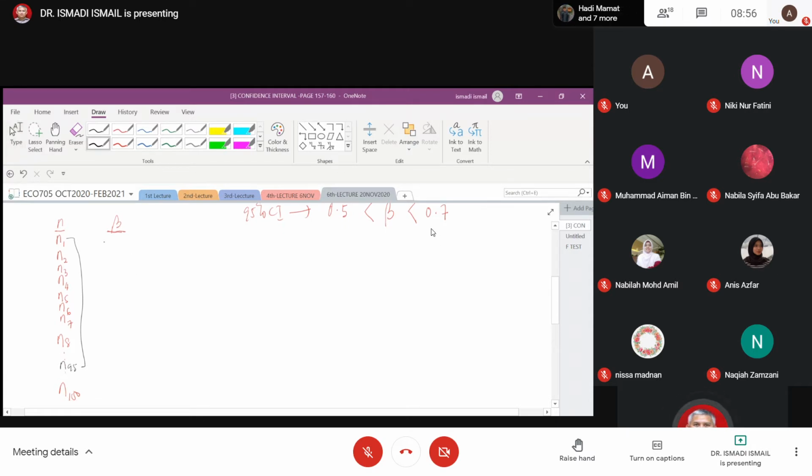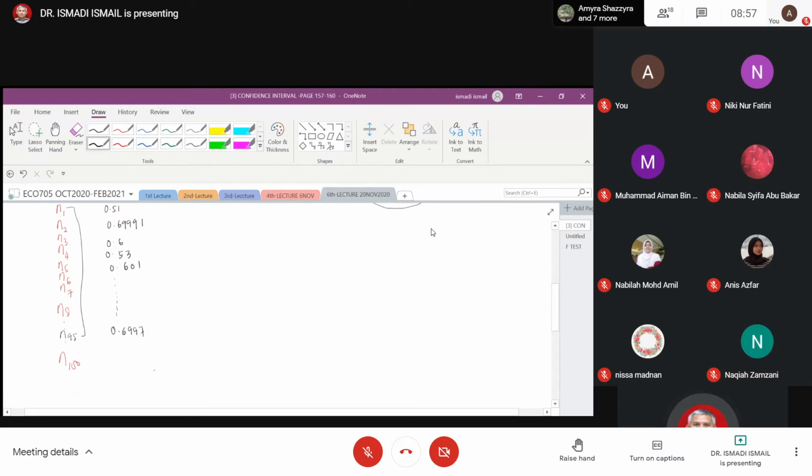So it can be 0.51, 0.69991, 0.6, 0.53, 0.601, and so on, as long as the values lie between these two limits.